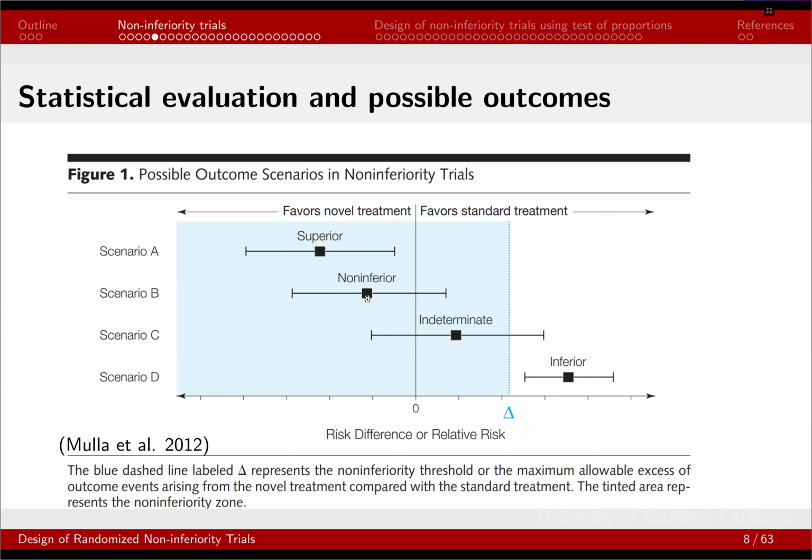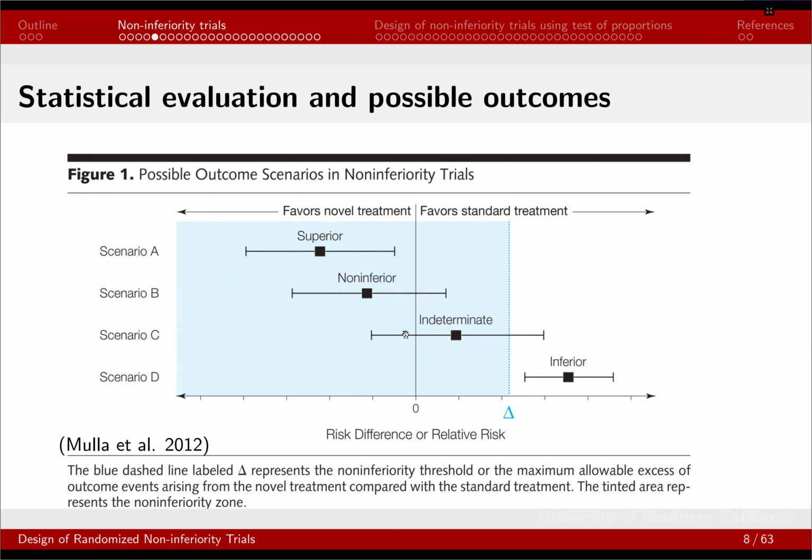So scenario B: if we compare the confidence interval of the hazard ratio to the pre-specified margin, we can see that the confidence interval excludes the margin and lies below the margin. So with this scenario, we can claim non-inferiority of the experimental agent. Similarly, we can claim non-inferiority in scenario A. In fact, in scenario A, because the upper bound of confidence interval lies below hazard ratio of 1, we actually can also claim superiority.